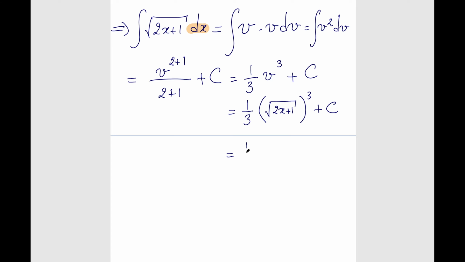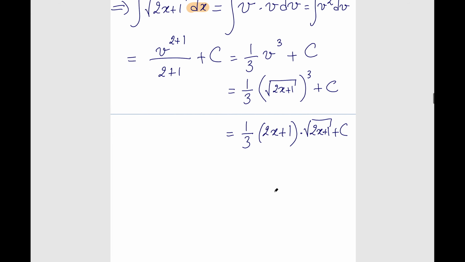This is equal to 1/3, and this means that guy times itself 3 times. Well, 2 of them are going to give you 2x plus 1, times the square root of 2x plus 1, plus a constant. Very good. Next.